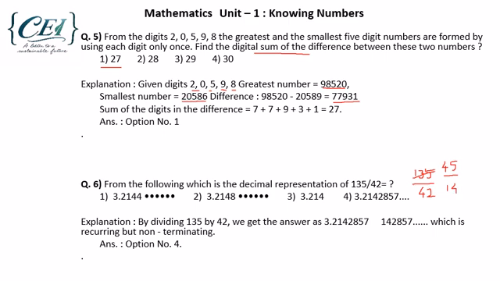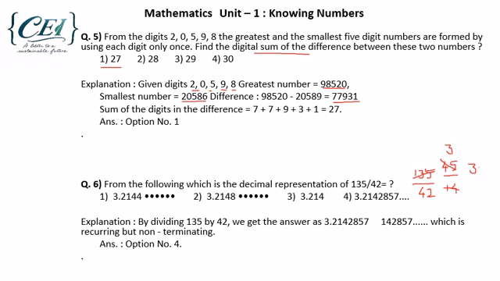Now you know the 14 table, so divide 45 by 14 directly. 14 threes are 42, so 3 is the answer, and the remainder is 3.